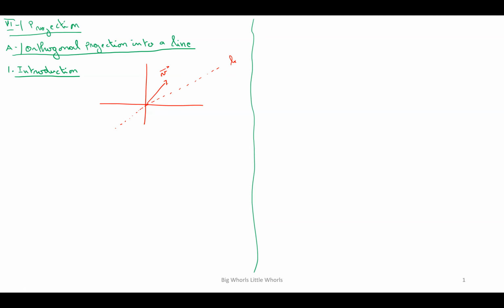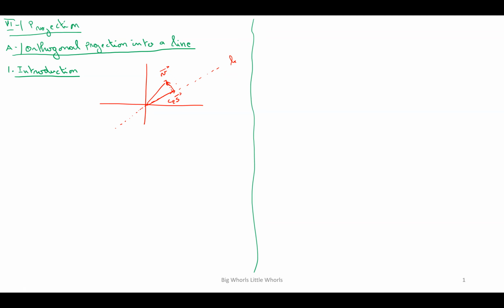This vector v can be decomposed into two vectors, the horizontal vector and the vertical vector. For the horizontal vector, let's call it Cp of S. Cp is the scalar, and S is the direction vector of L.